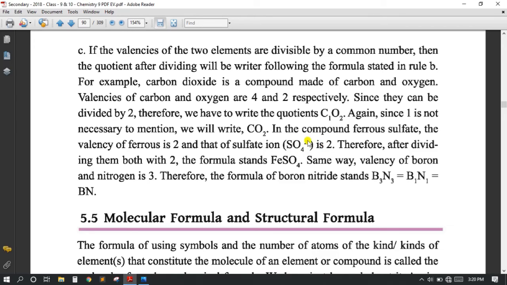SO4 2 minus. Here the valency of iron is 2, sulphate is minus 2, so the total valency of this formula is 0. And if I explain it on my board, then you will understand it clearly.